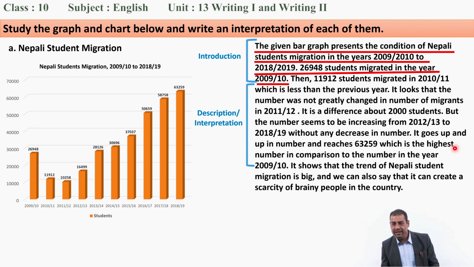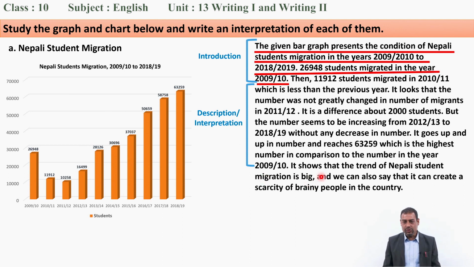This is the main part. This is the body part of our interpretation, as we have in essay writing. Essay writing also has introduction, body, and conclusion. Likewise here also, introduction, then the main body called description or interpretation, and then finally, once again read these lines.